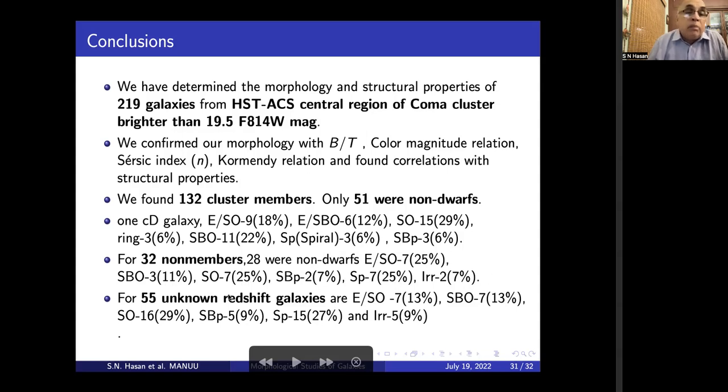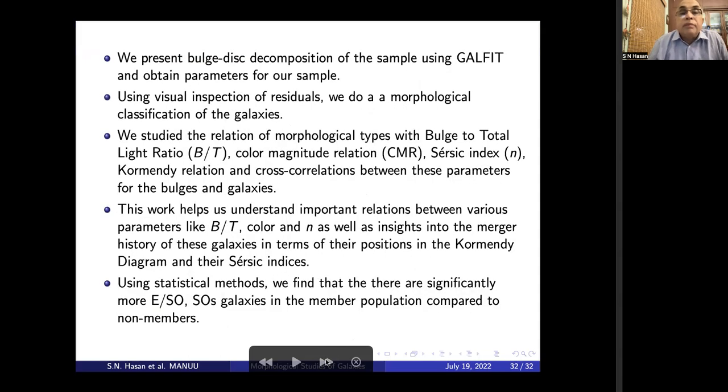Irregulars are 7%. For 55 unknown redshift galaxies, 13% are ellipticals, lenticulars, barred lenticulars are 13%, and SOs are 29%, and spirals are 27%.